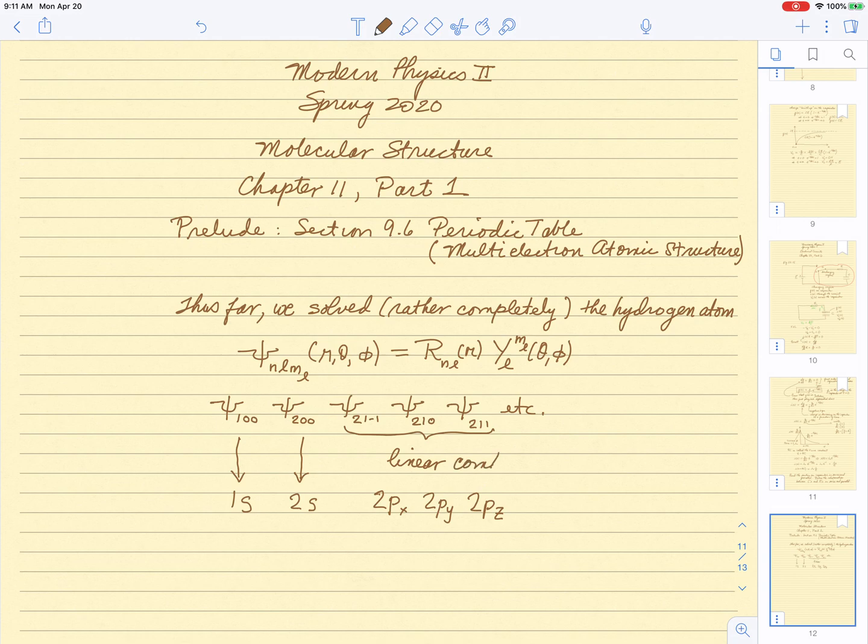Linear combinations of these were used to generate the real 2px, 2py, and 2pz orbitals, recalling that 2,1,1 and 2,1,-1 are complex. So you get linear combinations of those to form the real 2px, 2py, 2pz orbitals.